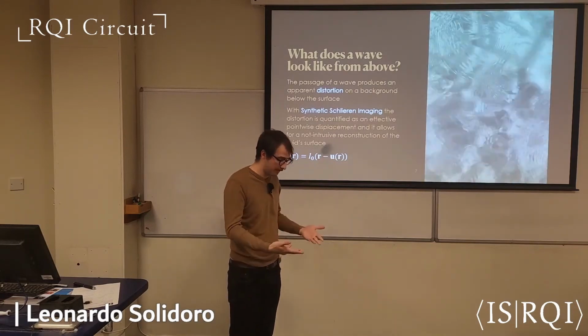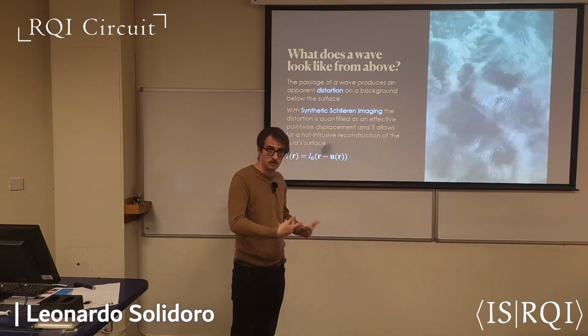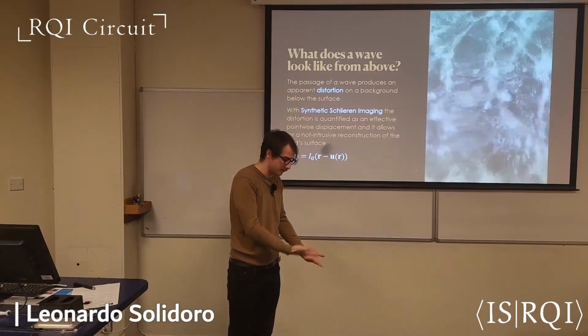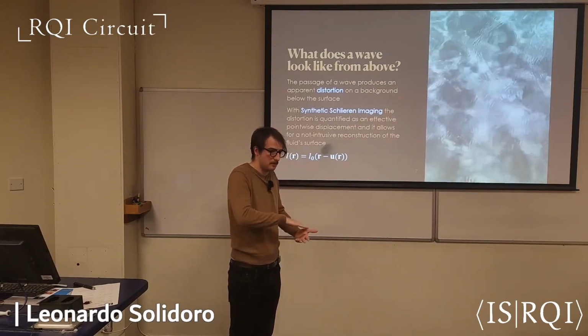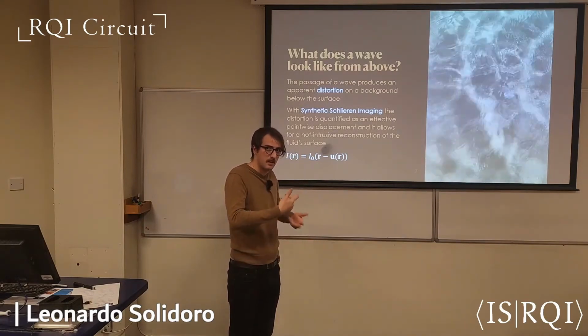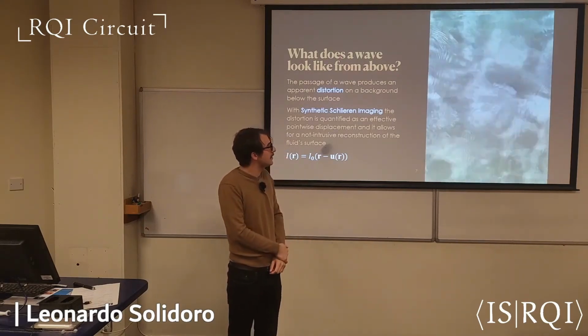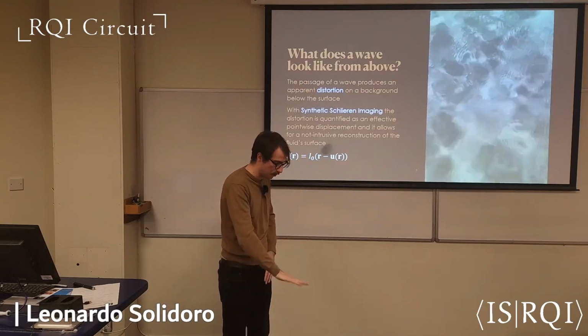When we look at the fluid from above with some known background below it, where the surface is perturbed and not just flat, these waves will produce an effective distortion of whatever is below it.